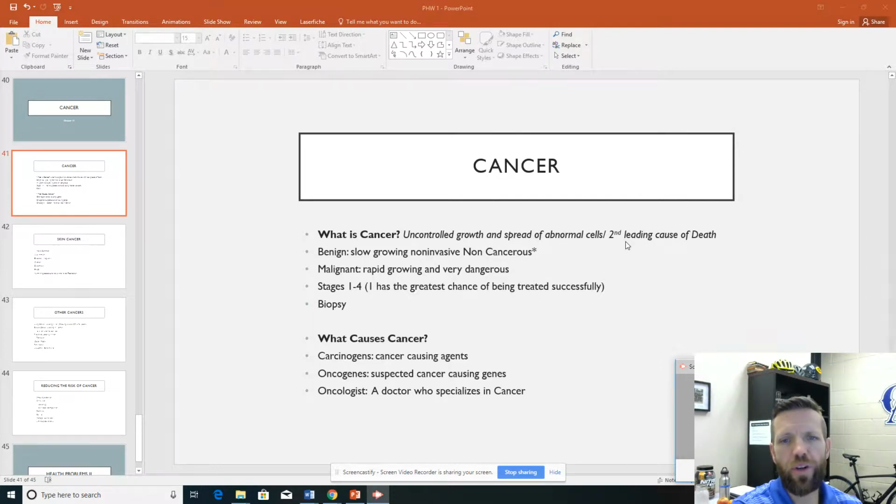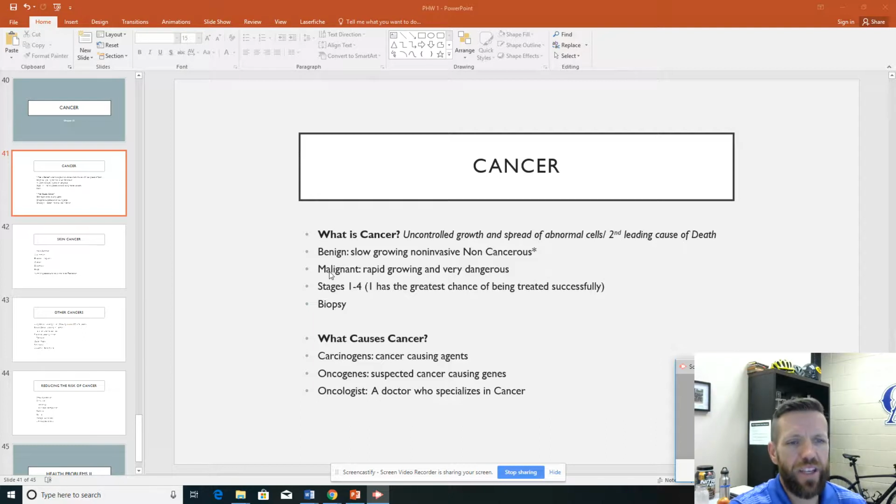Now, number 2, cancer. And we have to understand that with these types of tumors that we talked about, in the abnormal cells, there's a couple of different things that happen. Number 1 is those cells can grow and be abnormal. They can also be what's known as benign. That term just simply means slow growing, non-invasive, and typically non-cancerous.